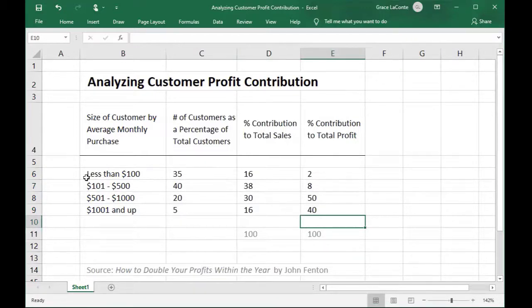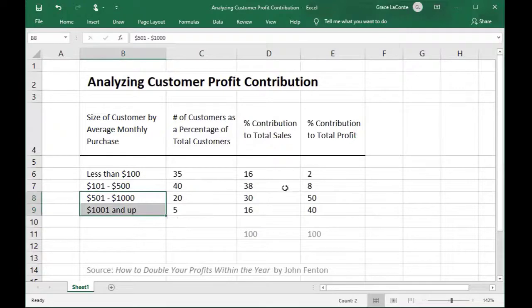So you're going to have a lot more time and effort selling to and retaining customers that will generate quite a lot less in profit, rather than focusing on these much higher ticket items, where in fact the entire bulk of total profit is coming from those last two categories. So that's how we can look at the contribution toward profit from your customers.